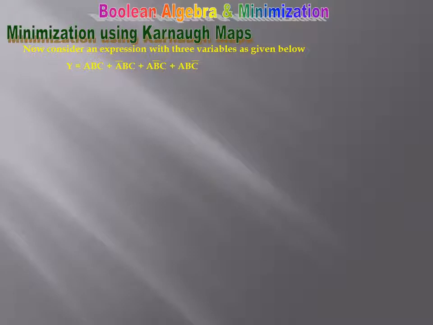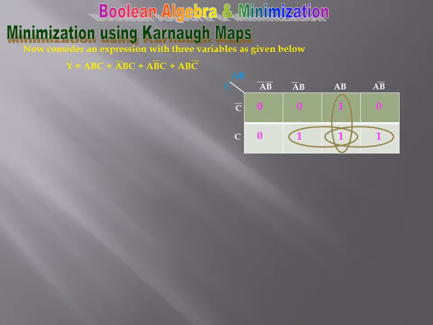So this sort of expression is solved by a Karnaugh map having 8 cells, and the 8 cells can have either 2 variables in the horizontal and 1 variable in the vertical, or 2 variables in the vertical and 1 variable in the horizontal. I have put here a Karnaugh map of 8 cells with 2 variables in the horizontal and 1 variable in the vertical.